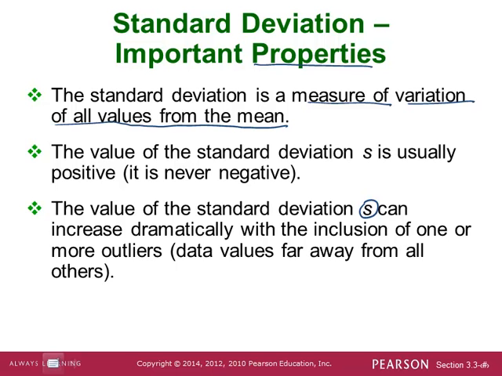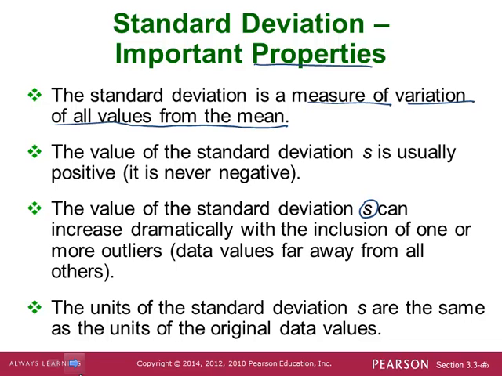Now, there are some different philosophies when it comes to outliers, and we'll talk more about that later, but I'm not going to tell you whether you should keep your outliers or not. But understand if there are outliers, meaning some extreme values relative to the rest of the numbers, then those outliers could affect the mean and standard deviation.